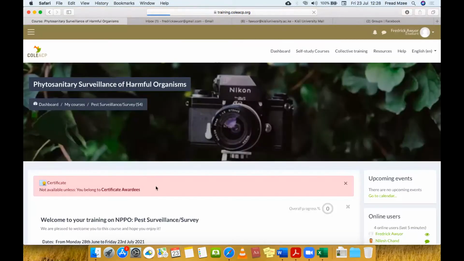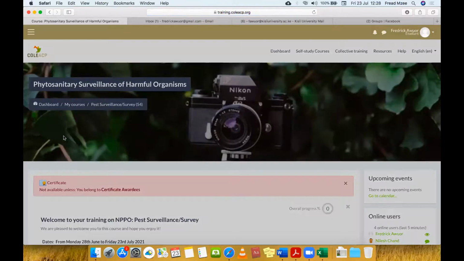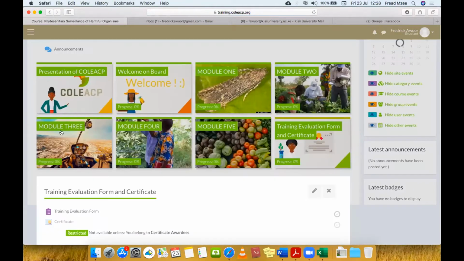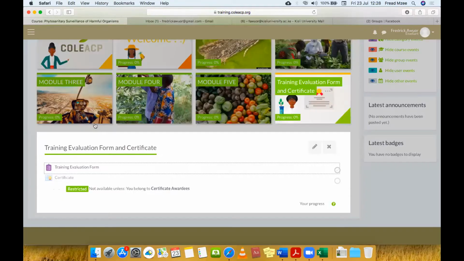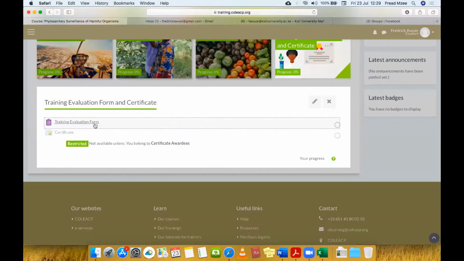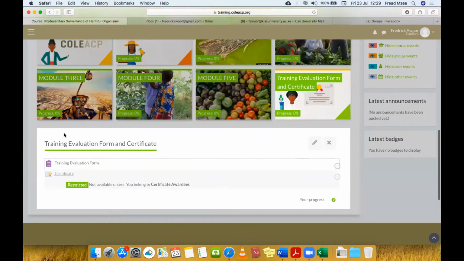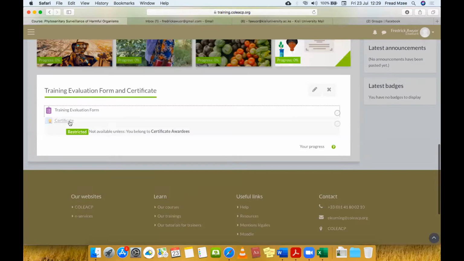Even I can't see it right now because I have not turned that right on. So you'll get a certificate in this tab. Once everything is done, we will share in the WhatsApp group that you can access your certificate. You'll come here, click on this, and then you can download it. So you don't have to worry about how that works. We'll share with you. If you have a problem accessing it, we are still available, so don't worry about that.